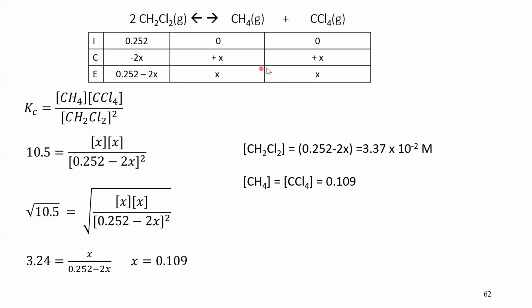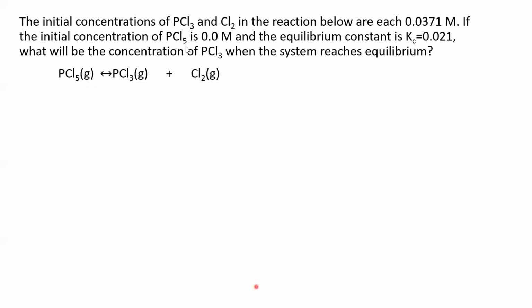Again, the key: write a nice chart for an equilibrium problem, write a K expression, and then either you're given the concentration and you're trying to find K, or you're given K and you're trying to find out concentrations. So the initial concentration of PCl3 and Cl2 are 0.0371.